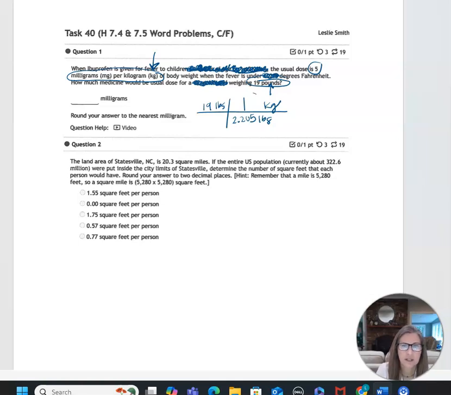To solve this, I multiply my top, so 19 times 1, which is just 19, and then I divide by the denominator, which in this case, since it's just one term, I don't have to worry with parentheses. So I'll divide 19 by 2.205. Let's see what that gives us.